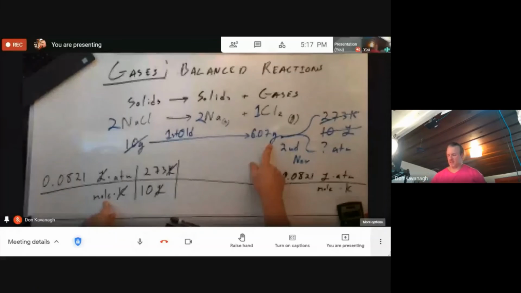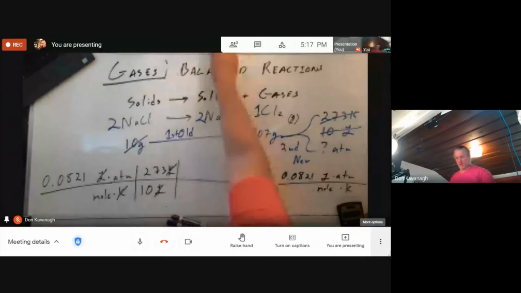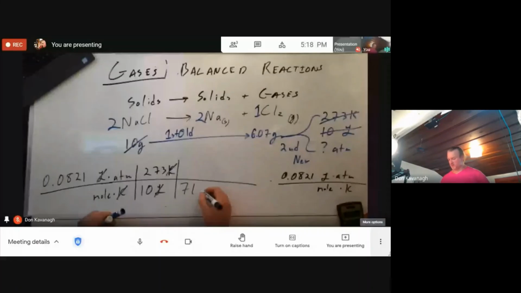And that is the molecular weight of any chemical, which always has the units grams divided by moles. So we're talking about Cl2, so I can use 71 grams per mole, the molecular weight of chlorine gas. Top cancels out bottom. And now I can plug in the 6.07 grams that we solved a little earlier. Cross that out because we used it.